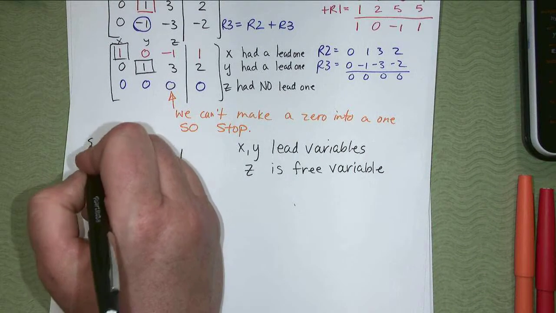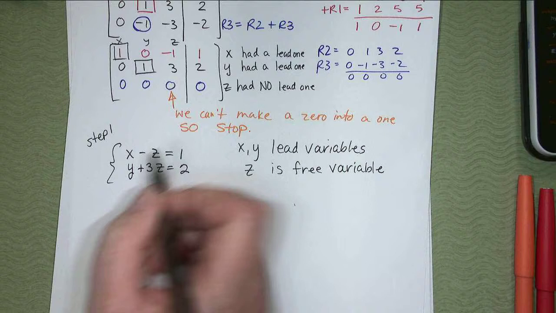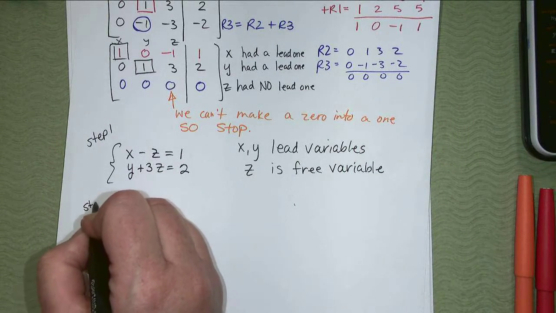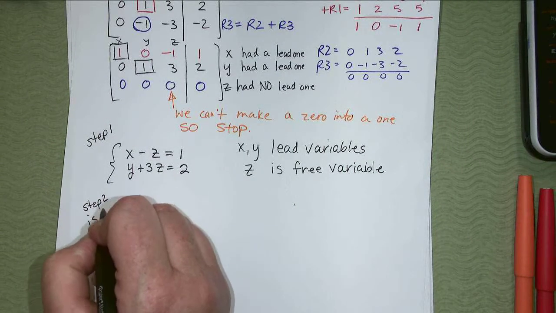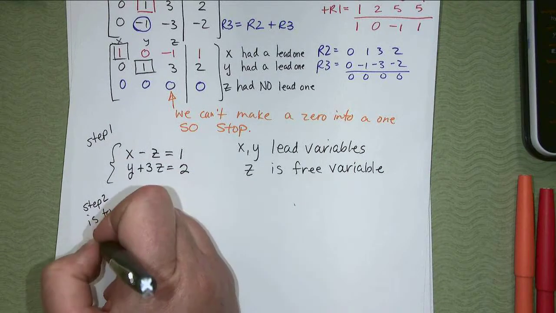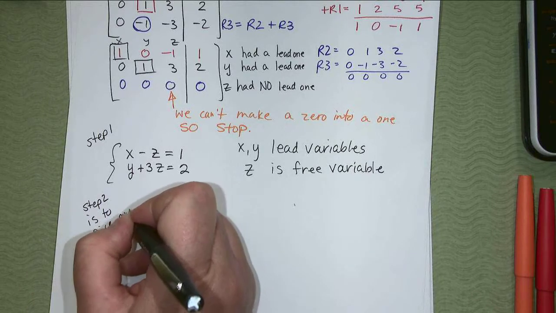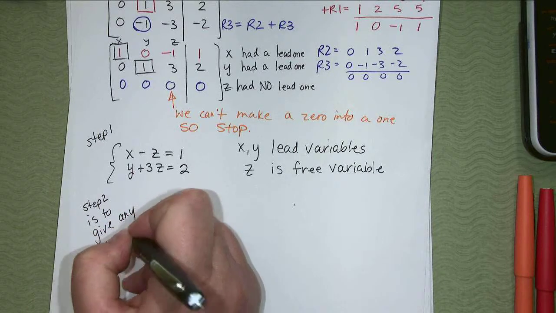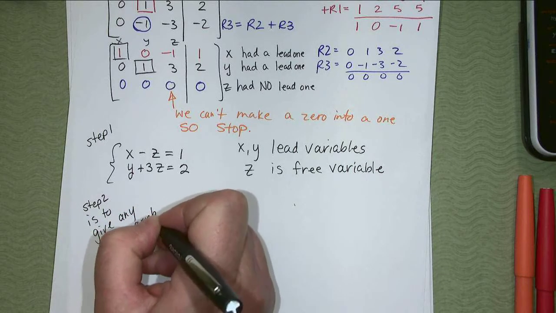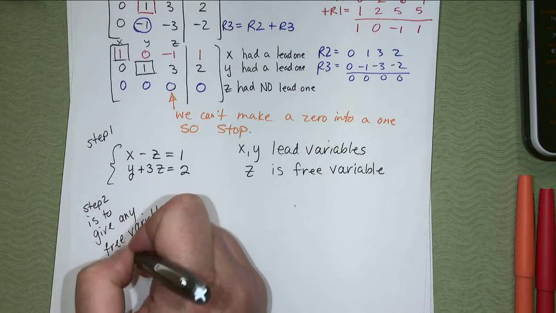Step 2 is to give any free variables a parameter. So what does that mean?